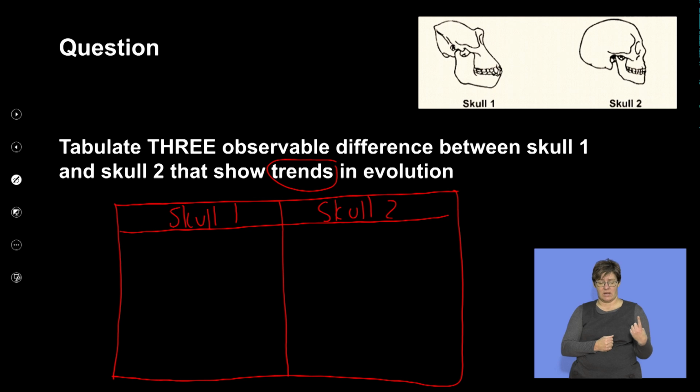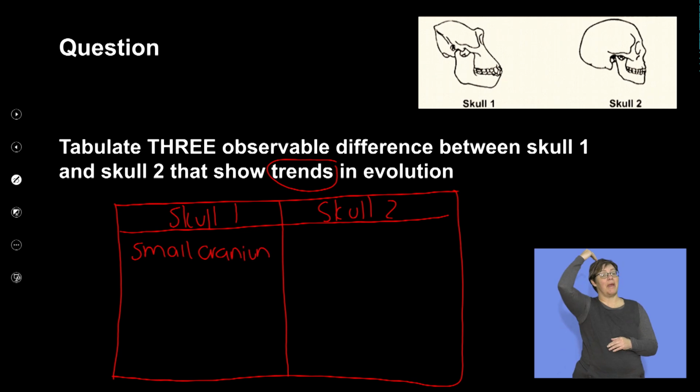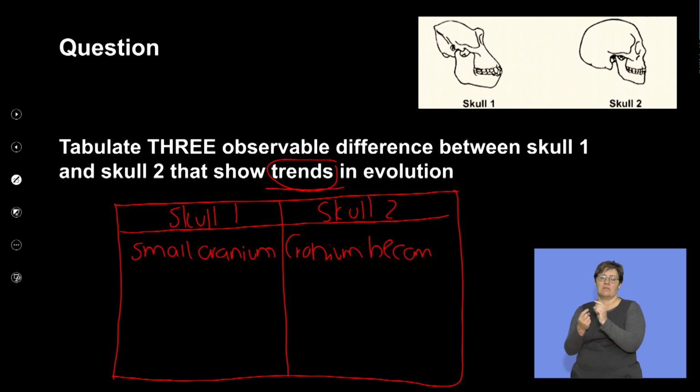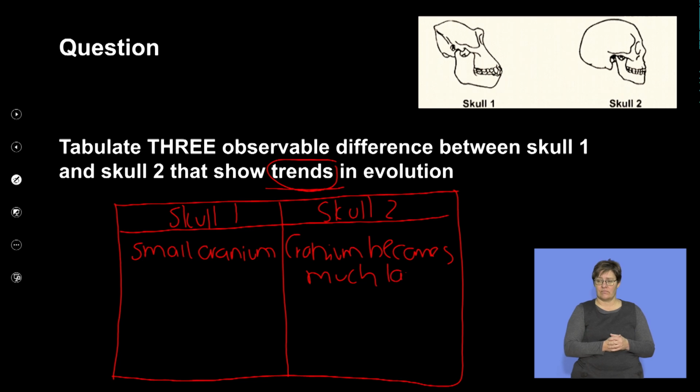Okay, so skull 1 has a small cranium. You can't say brain, guys. It's not about the brain. It's a skull. What do we see in skull 2? Cranium, the trend, cranium becomes much larger. There we go, about the trend.